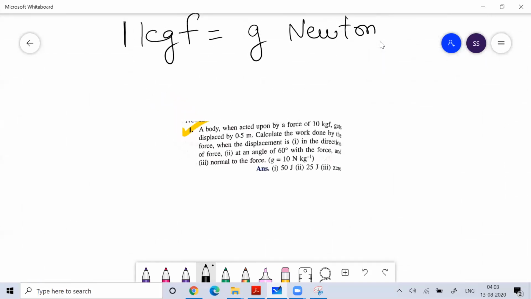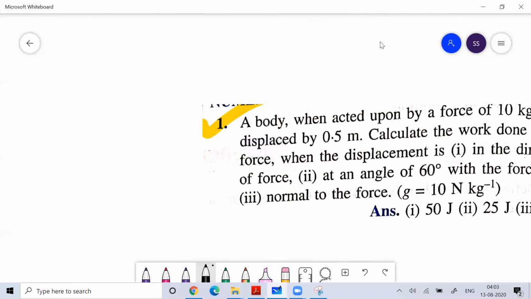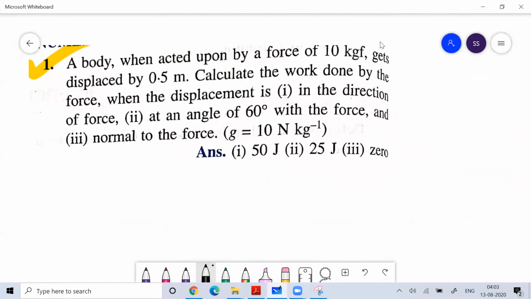So this is your first numerical. A body is acted upon by a force of 10 kgf and gets displaced by 0.5 meter. Calculate the work done by the force when the displacement is in the direction of force. Whenever the displacement is in the direction of force, theta would be 0.